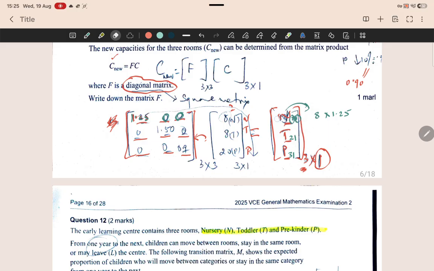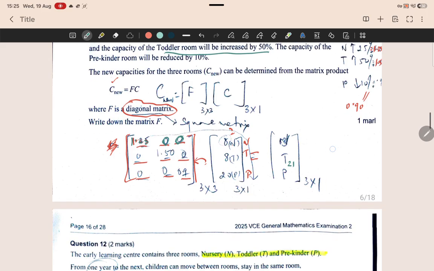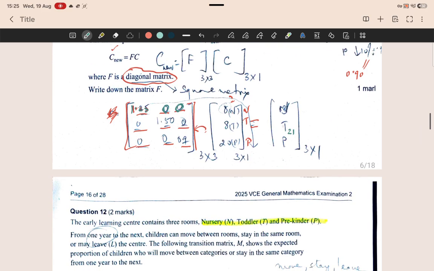Now let's look at the second one. This one is the second row, first column answer, and we wanted the toddler room to be increased by 50%, which means 1.5. Now it's in the second position, and therefore this calculation I want is 8 times 1.5.